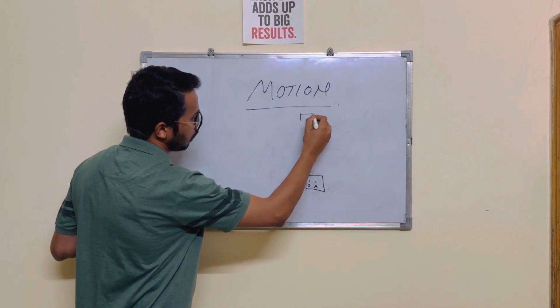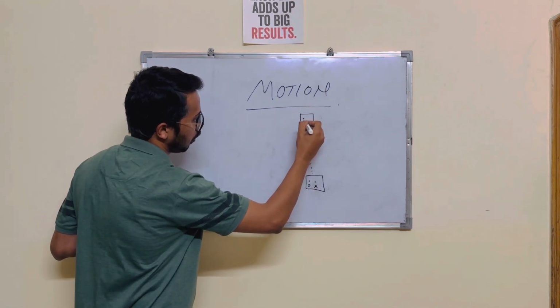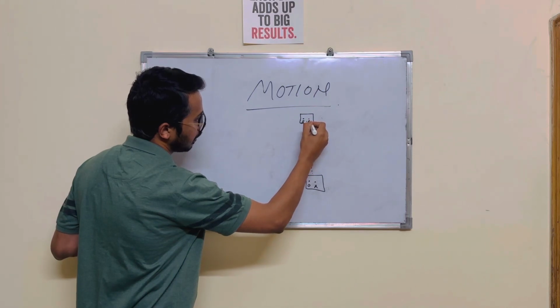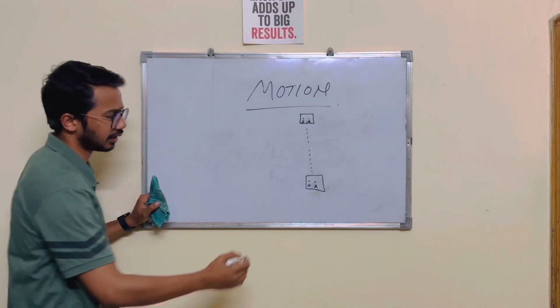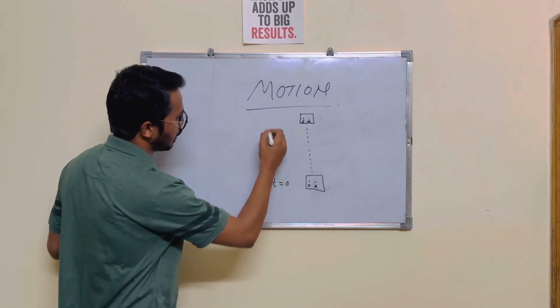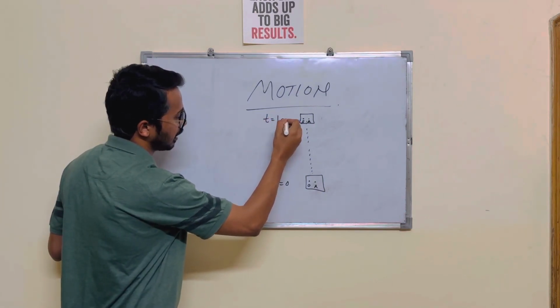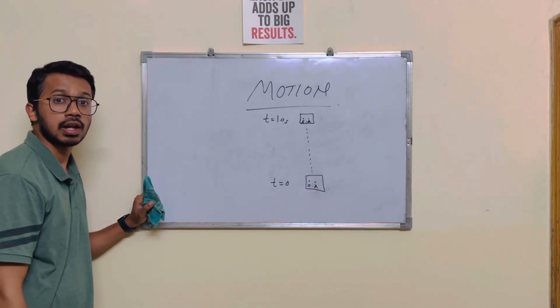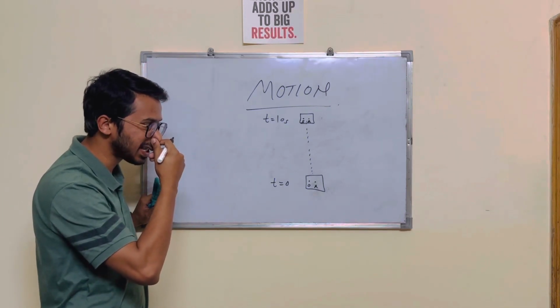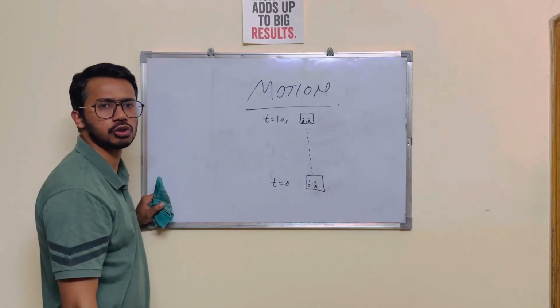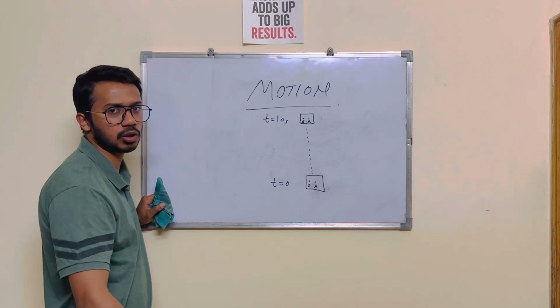After some time, this is the position of both O and A. They started at time 0, and after 10 seconds they have reached this spot. If I ask whether point A is in motion, this time the answer will be no.